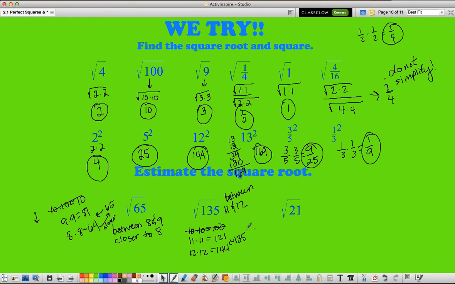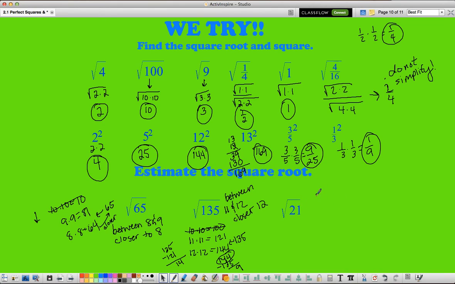And if I'm not sure, I do the math. 135 minus 121, those are 14 spaces apart. And 144 minus 135 is 9. So it's closer to the 144. So the estimate is going to be closer to 12 because the 135 is closer to the 144.